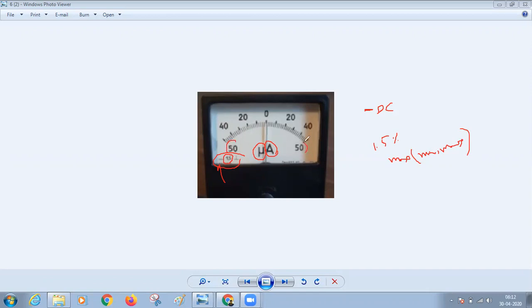The maximum value is 50. The minimum value is minus 50. So the maximum of these two is 50 again. So 1.5% of 50 is the error for this meter.